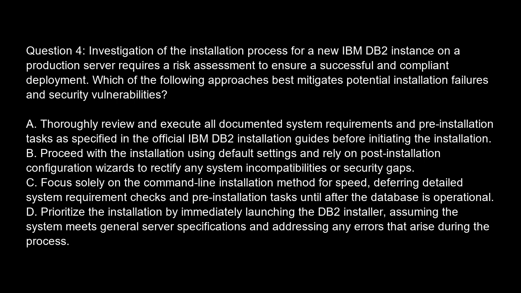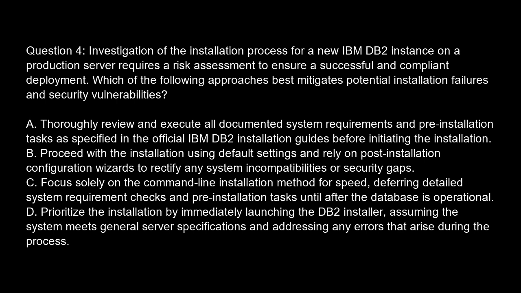Option A. Thoroughly review and execute all documented system requirements and pre-installation tasks as specified in the official IBM DB2 installation guides before initiating the installation. Option B. Proceed with the installation using default settings and rely on post-installation configuration wizards to rectify any system incompatibilities or security gaps.